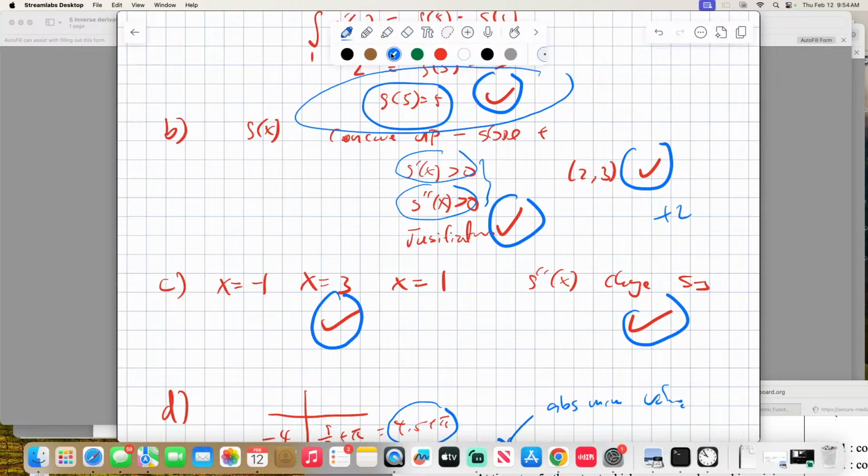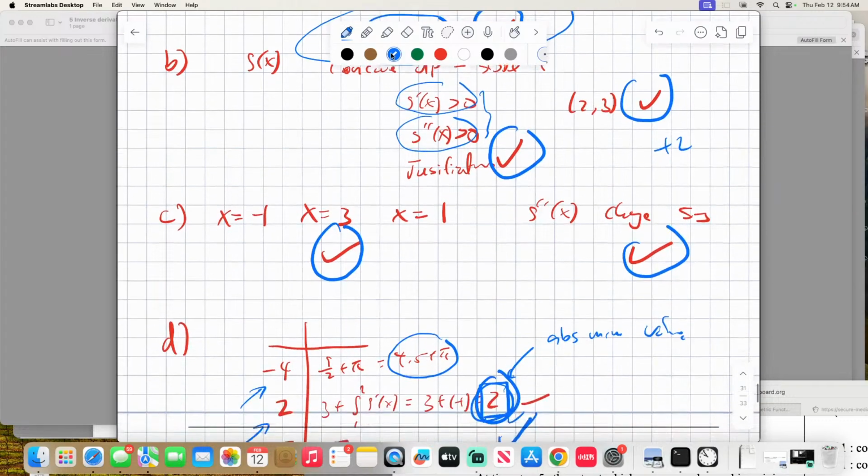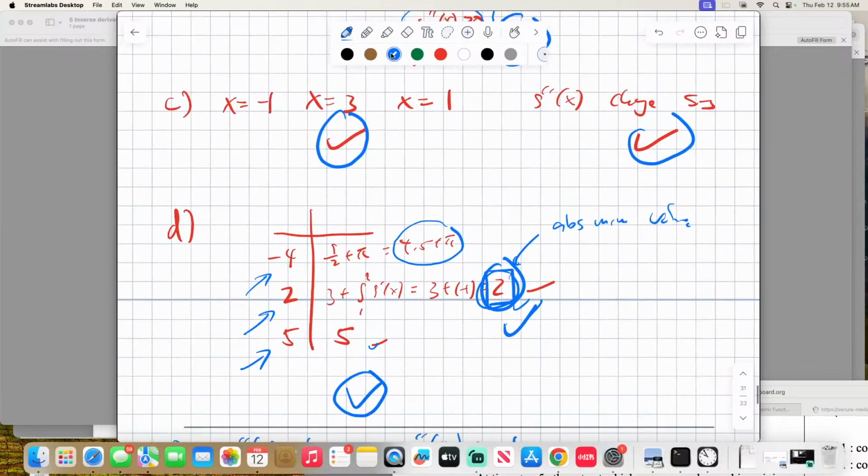And the inflection points are going to be -1, 3, and 1. And that's G double prime of x changing sign. That's a justification. It's fair, just a justification. Or does it not explicitly say changes sign?